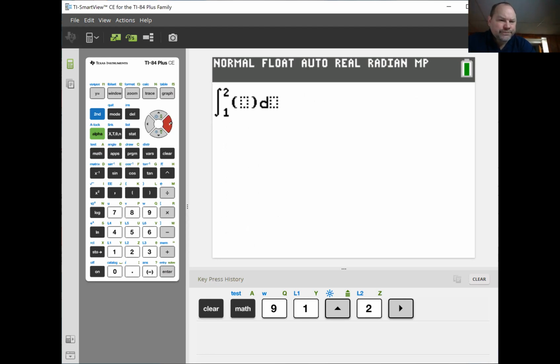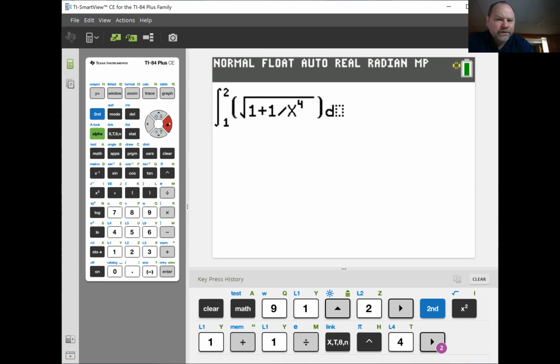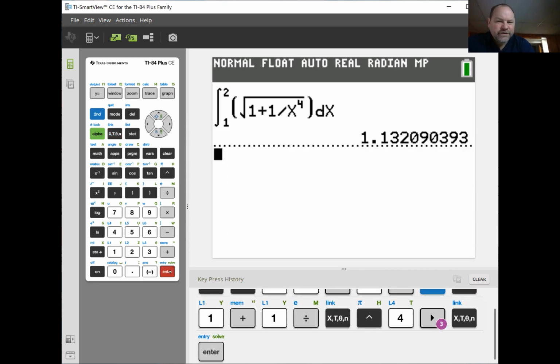My function is the square root of 1 plus 1 divided by x to the fourth in terms of x. It will take the calculator a little bit of time to come up with that approximation.